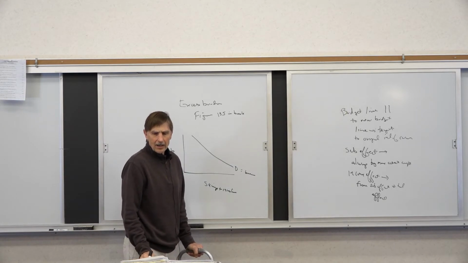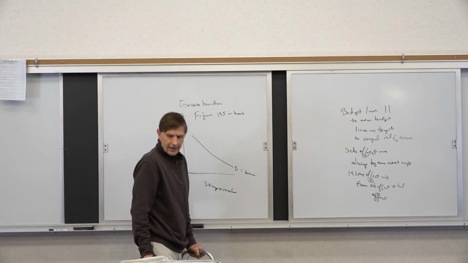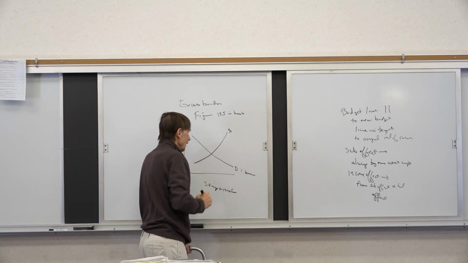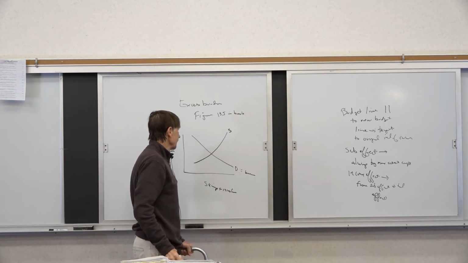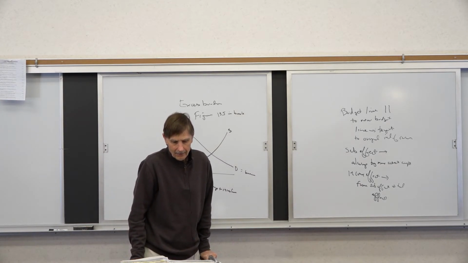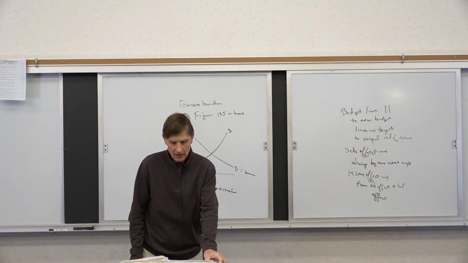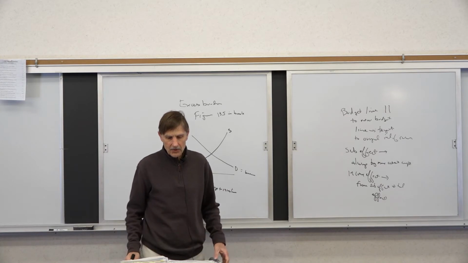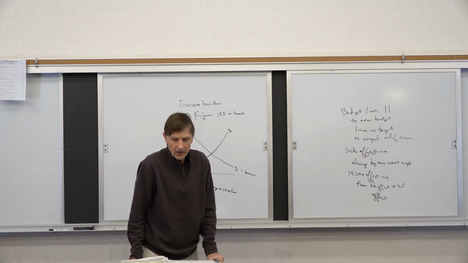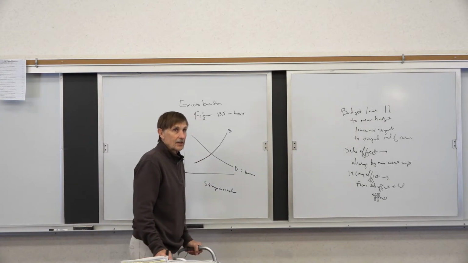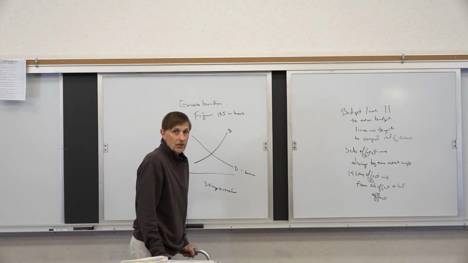And now we have a supply of savings, which is upward sloping, right? So we have a demand for savings and a supply of savings, and the return you're getting is going to fall.